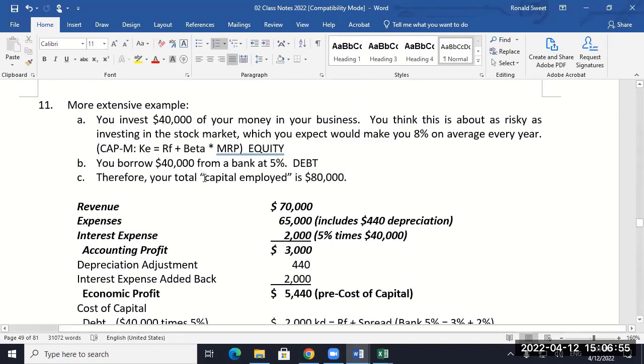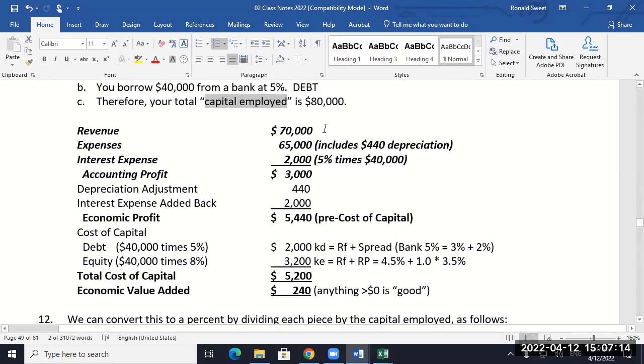So your capital employed, have you ever heard that term before? You can employ employees and you can employ capital. You're simply just putting it into action. So you got $80,000 of capital, all right? 40,000 of it's yours, 40,000 of it is the bank. And here's your first year. You make 70,000.